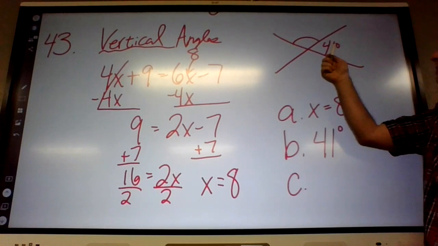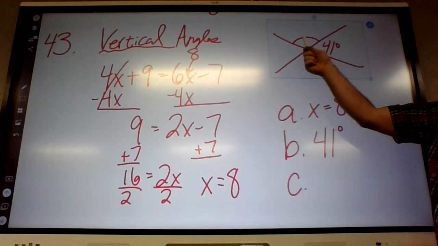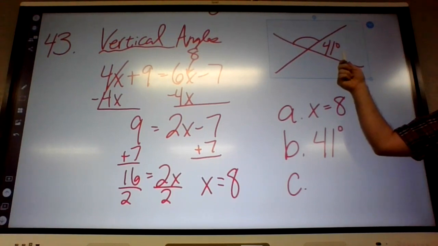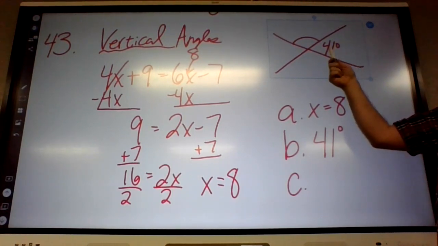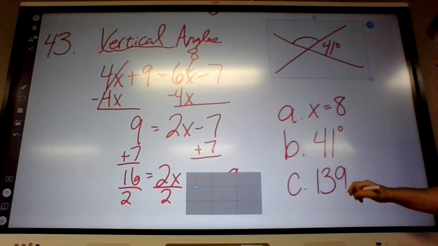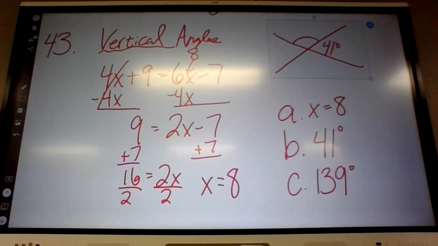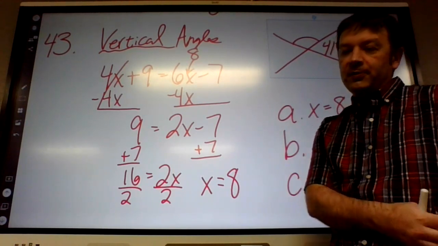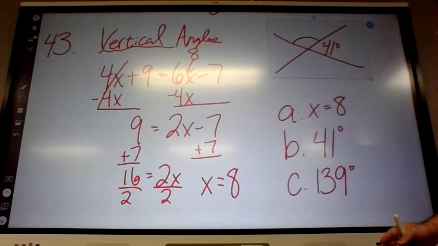You subtract it from 180. Right. These two should add up to 180 because they're a linear pair. We haven't talked about that word in a long time. So 180 minus this would be 139. We're talking about the measurement of the angles, so it's degrees.